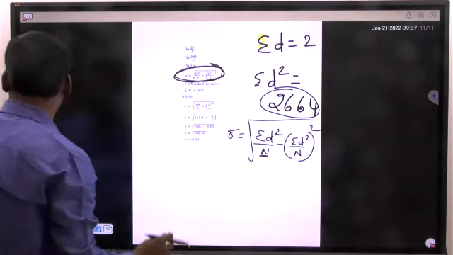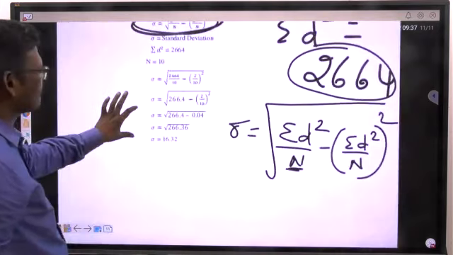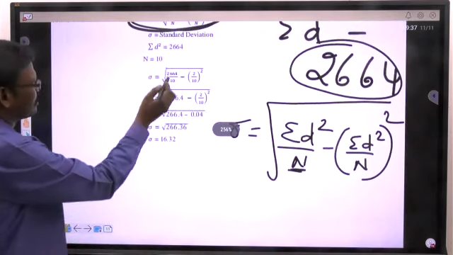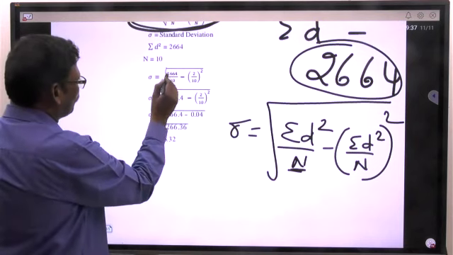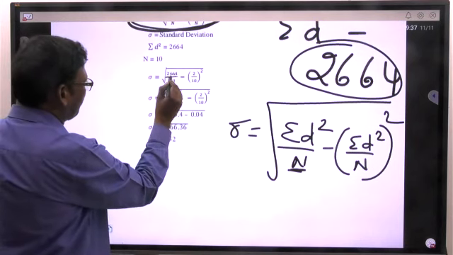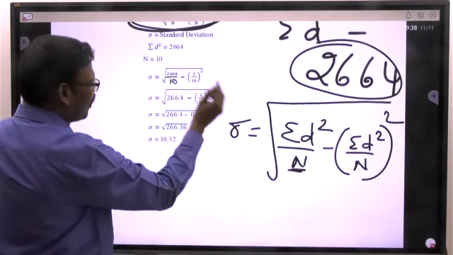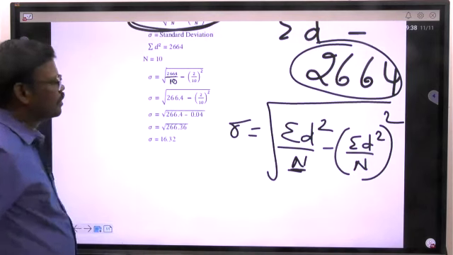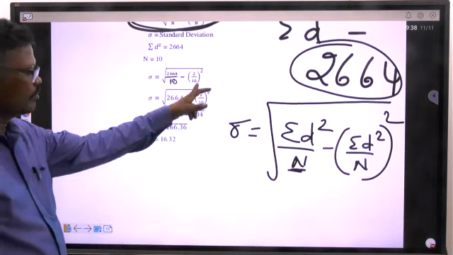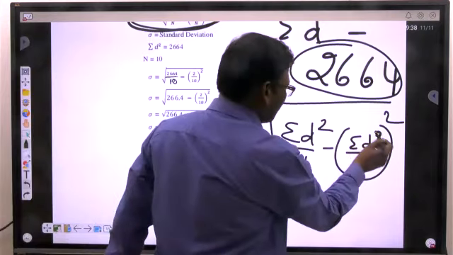Please remember, sigma is equal to 2664 by 10 minus, and here it is only D, not squared.